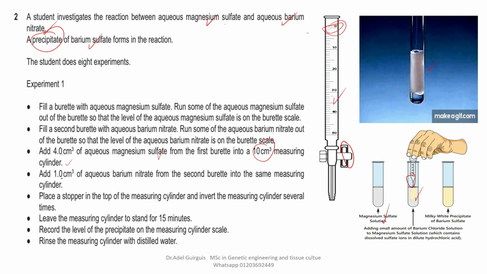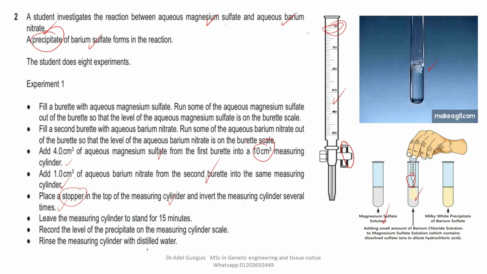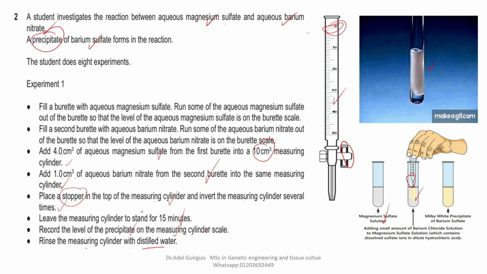Then add 1 cubic centimeter of aqueous barium nitrate from the second burette into the same measuring cylinder. Place a stopper on top of the measuring cylinder and invert it several times. Leave the measuring cylinder to stand for 15 minutes. Record the level of precipitate in the measuring cylinder. Rinse the measuring cylinder with distilled water. This is the first experiment.